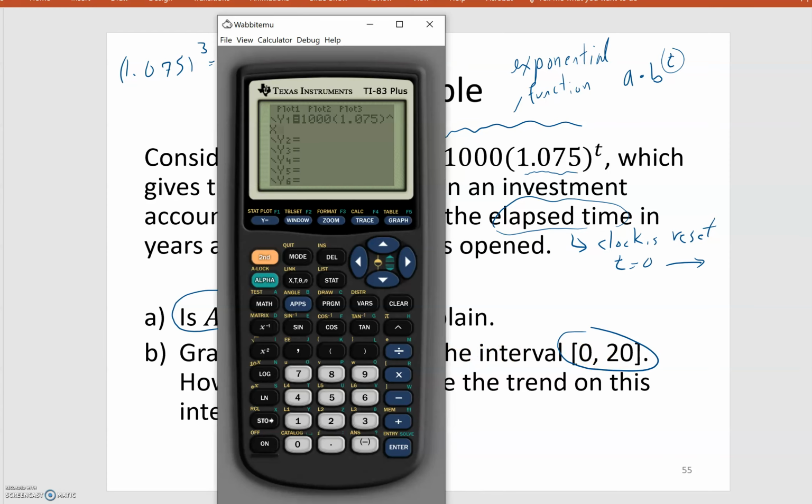I will go to my window. I'm going to change that to 0, that to 20. And then for my Y values, I don't exactly know what those are going to be. So what I'm going to do is go to Zoom, scroll down to Zoom Fit, and select Zoom Fit.